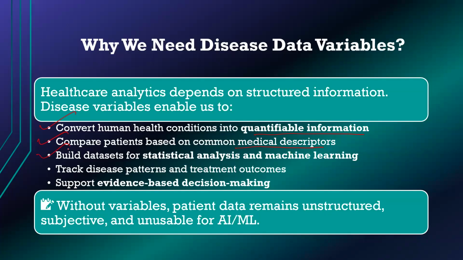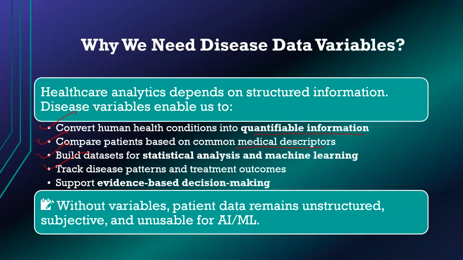So it will also assist further to track disease patterns and treatment outcomes, which is very essential to understand how well a patient is able to recover after a treatment, or maybe if a certain treatment is not suitable for certain kinds of patients. That kind of analysis we are able to get from the daily healthcare records or reports that we are getting from the hospital environments.